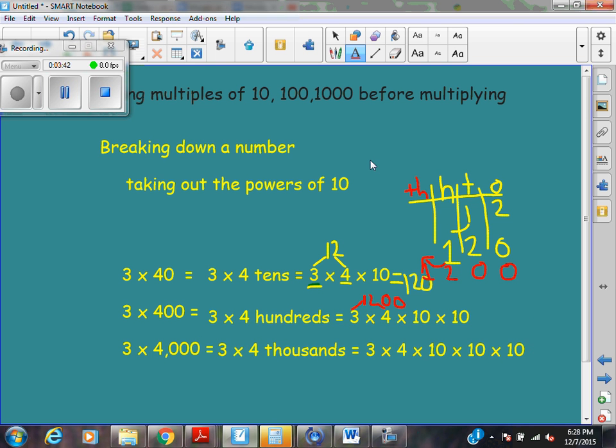Again, using our place value chart to help us, we already know what 3 times 4 times 10 is. It's 120. And you could even tack that onto the end of this. So if I multiply yet another 10, I would just be moving it over one more time.